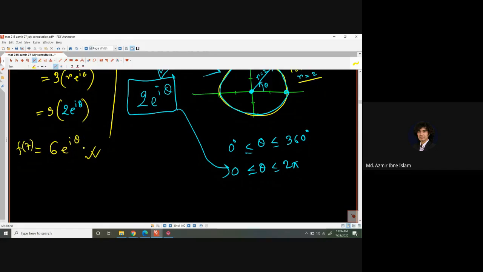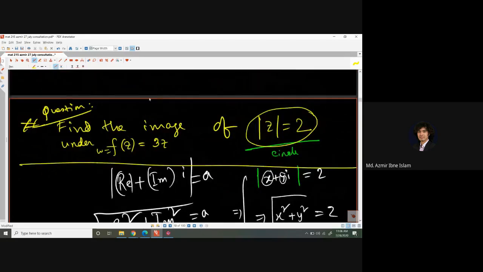But if the question is, besides this, to also find the real and imaginary parts of w equal to f of z, use polar form, let's say.